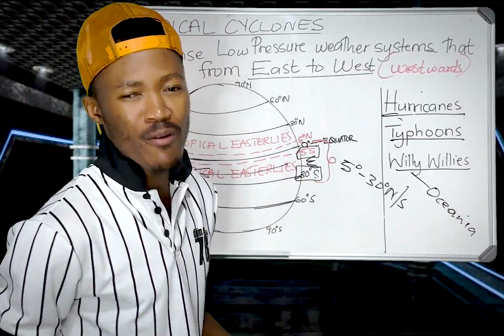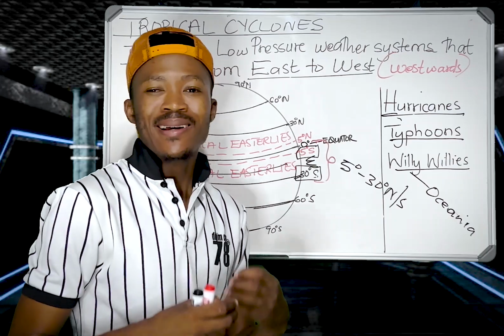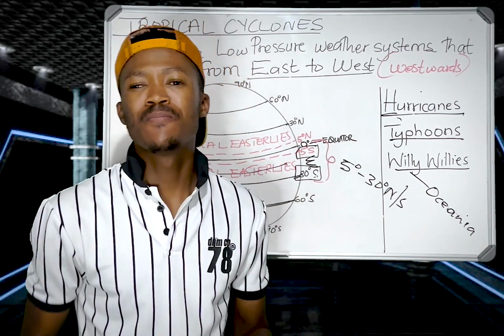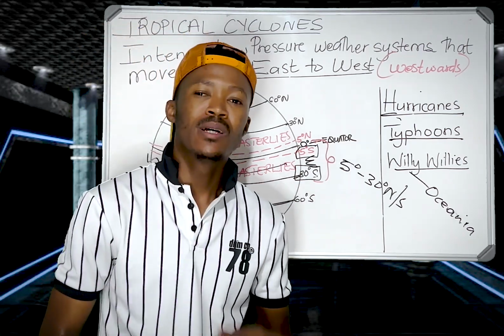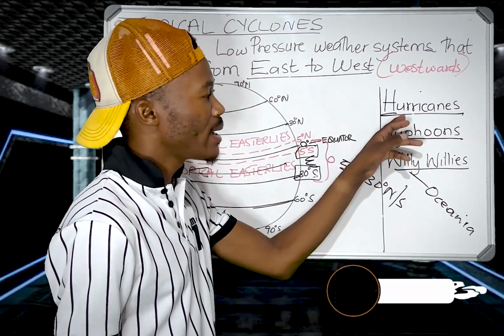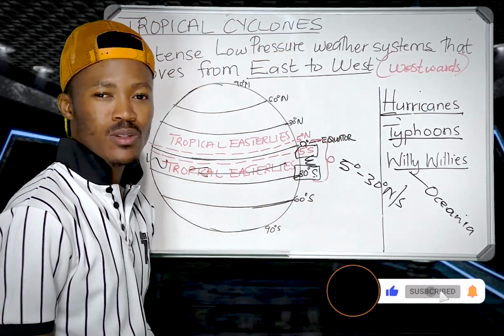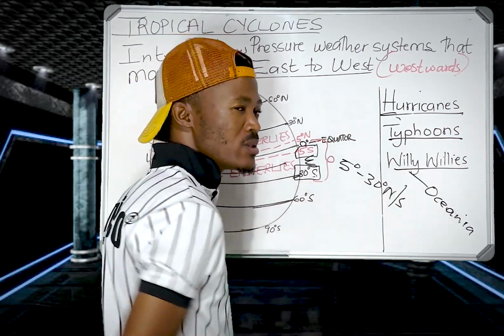Now, as you move around the world, these tropical cyclones are referred to with different names. For example, in North America, they use the term hurricanes to refer to tropical cyclones. In Asia, they use the term typhoons.